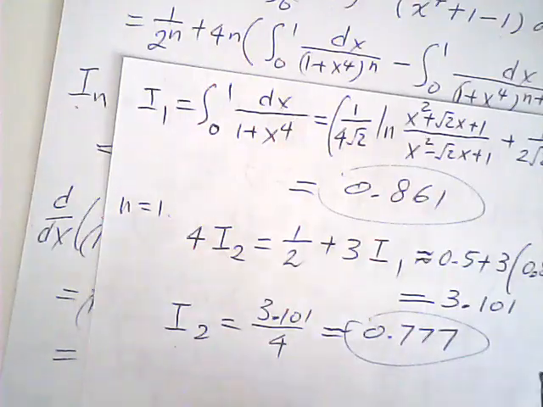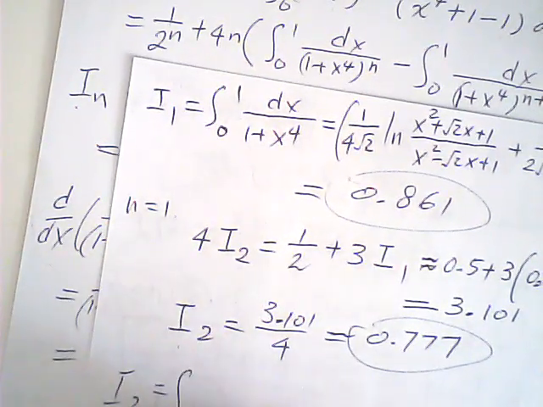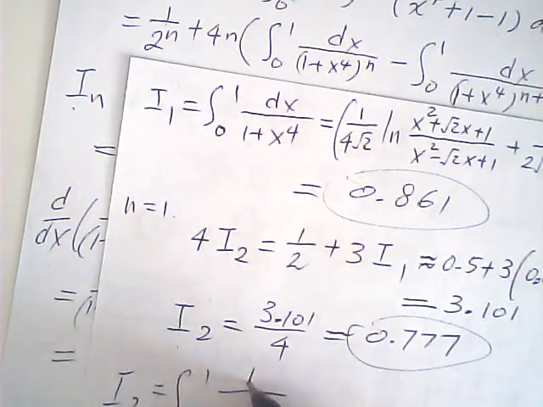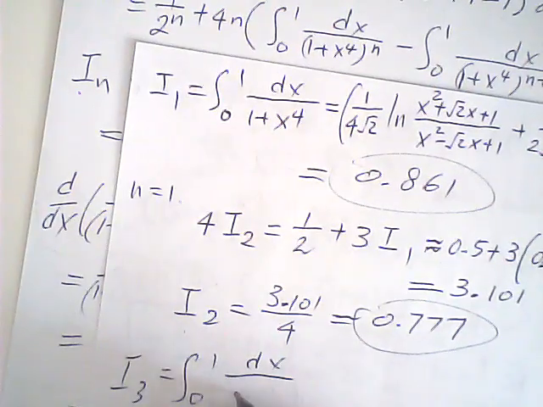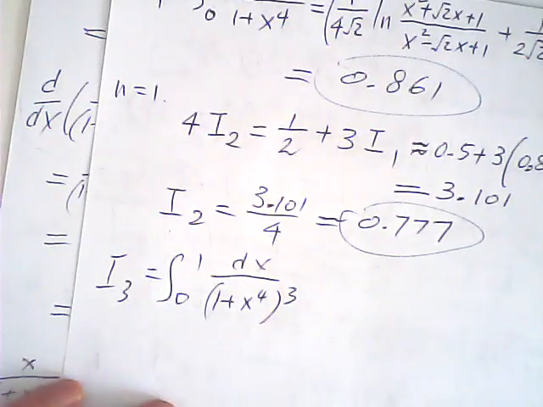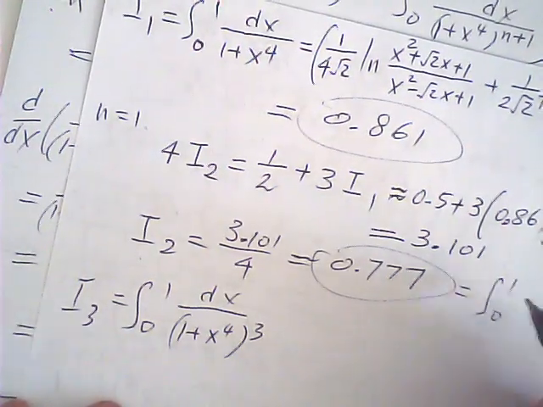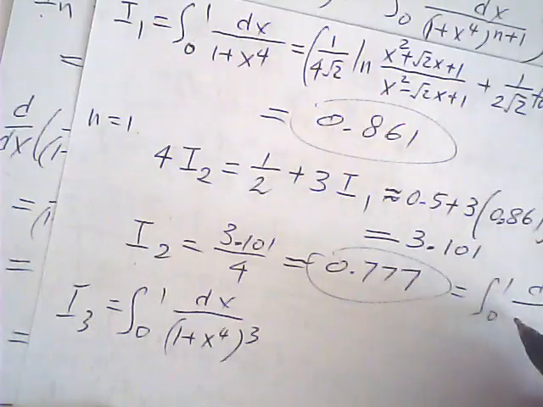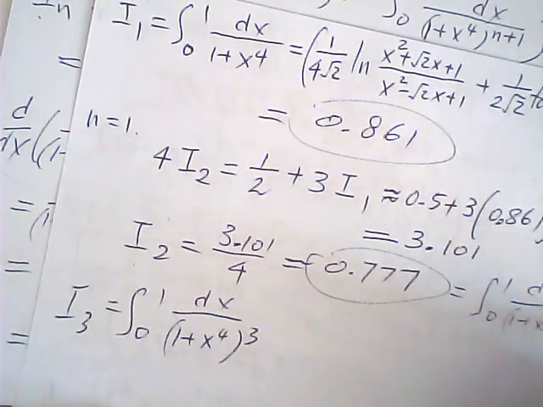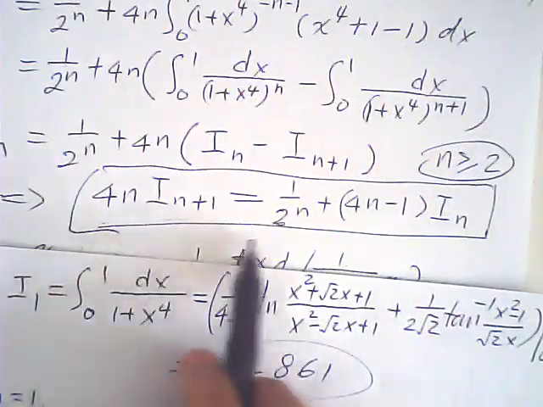Now, okay, for I3, this is the integral. I forgot to write the integral. This here, 1 plus x to the fourth, to the power 3. Yeah. This is my I3. This is I2. I better write it, 1 plus x to the fourth squared. Now, for this one, I'm using the reduction formula here.